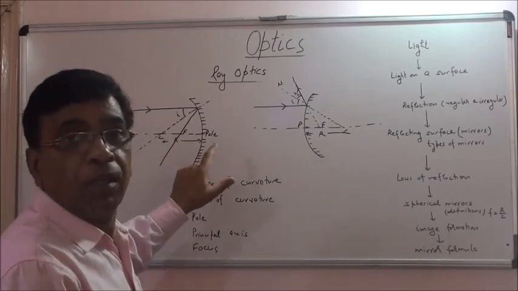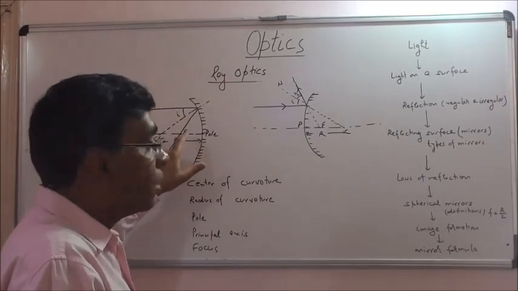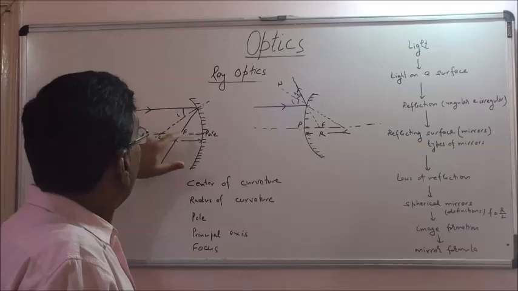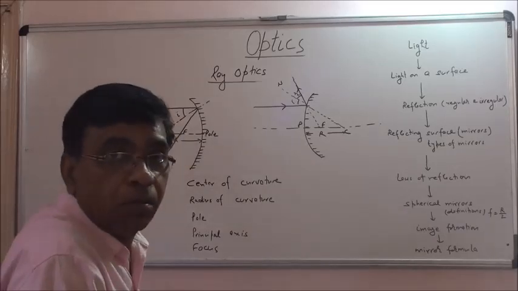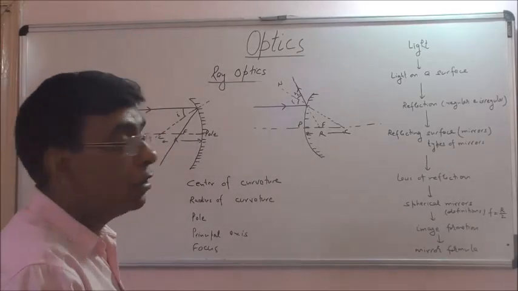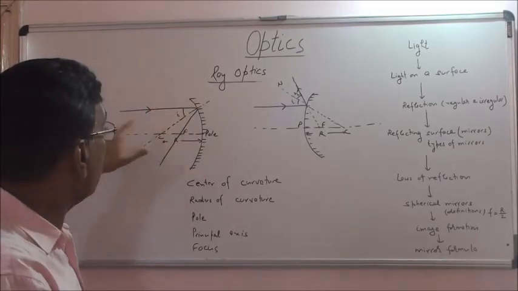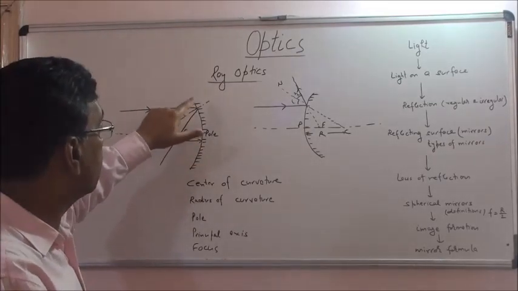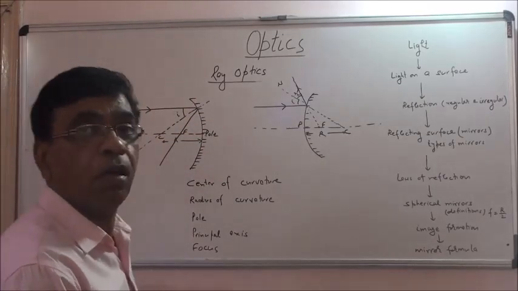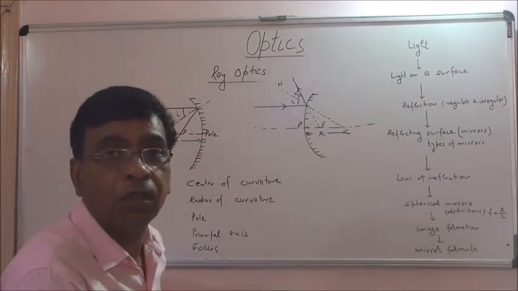So how can we define it? Try it yourself. A point on the principal axis through which rays initially parallel to the principal axis pass after reflection from the mirror.